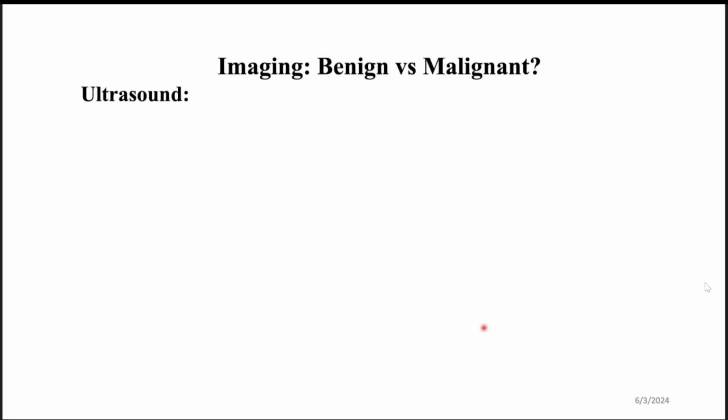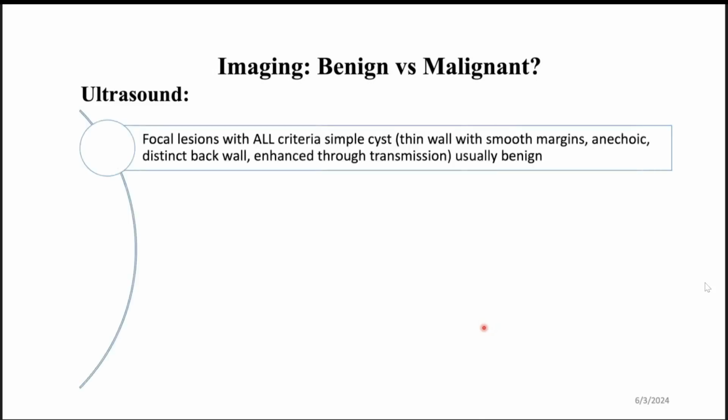There are some features that we look for, and if it looks suspicious enough for us, we would recommend doing fine needle aspiration or a biopsy. There are some lesions that are very, very benign looking, and we'll probably see examples of those, but some of them we can't really tell if there is a possible malignancy hidden behind it.